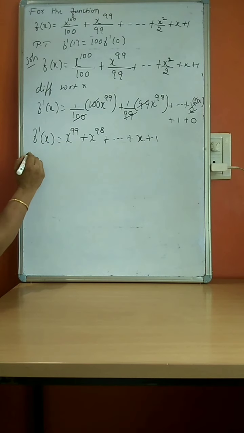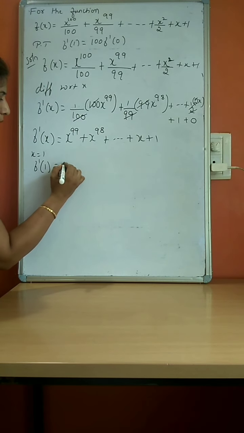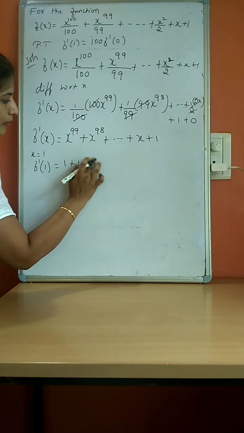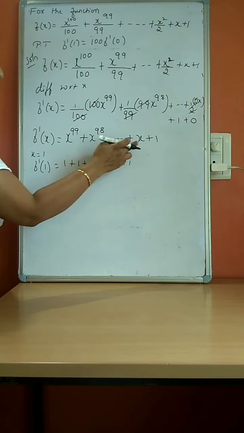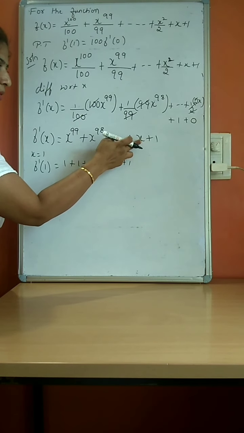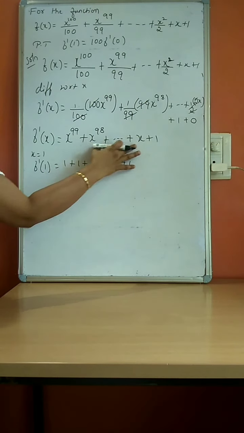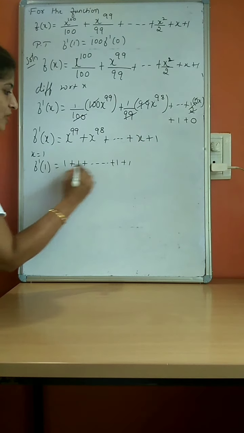See, first put x is equal to 1. What we get? F dash of 1 must be equal to 1 plus 1 plus 1, etc., plus 1. See, from here we start 1, 2, 3, 4 like that up to how many numbers are there? 99 x terms are there. 99 plus 1 is how much? 100.